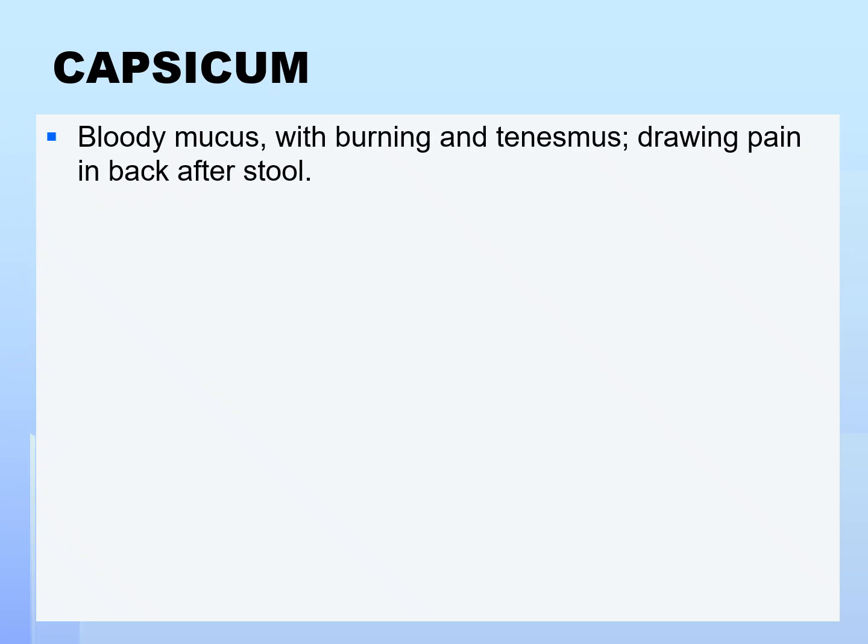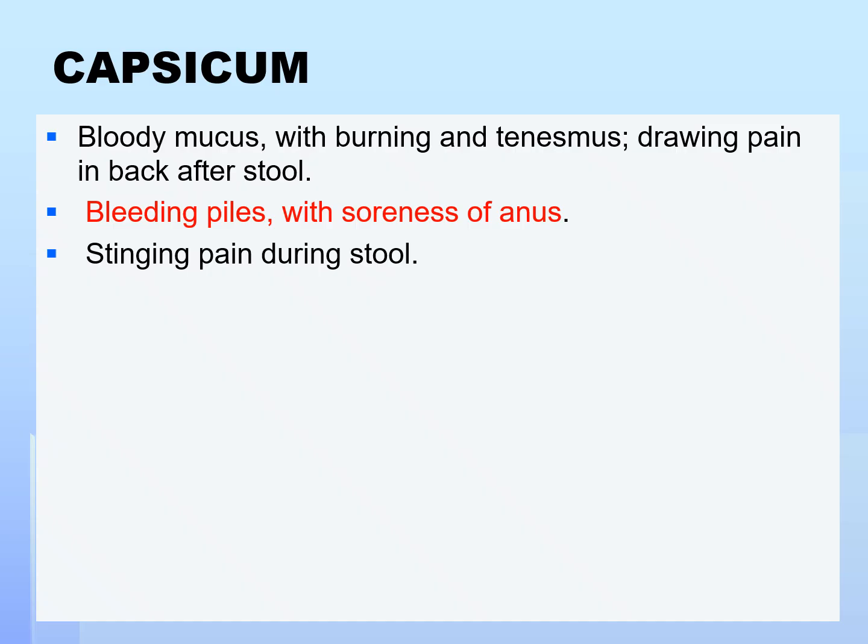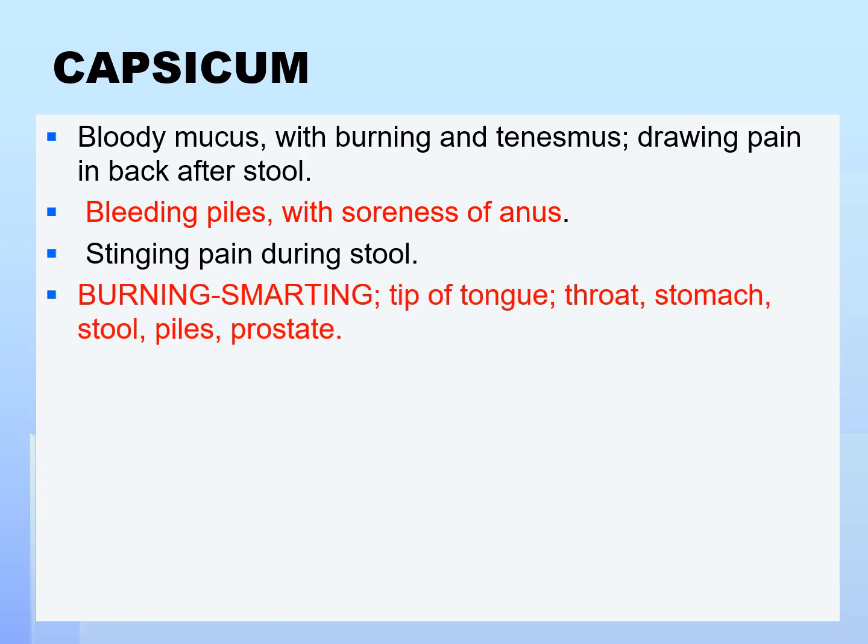Capsicum is a useful homeopathic remedy for bleeding hemorrhoids with marked soreness of the anus, along with stinging, burning, and smarting pain, especially during and after stool. It is often indicated when hemorrhoids are associated with acid dyspepsia and burning sensation in the mouth, throat, and stomach. So sometimes patient may have only acidity and may not have hemorrhoids, but we can use Capsicum for that also.